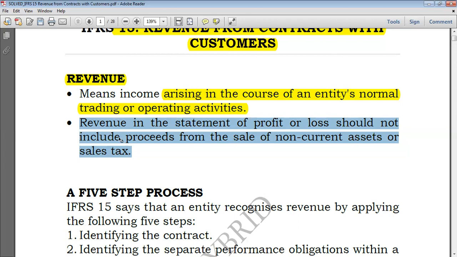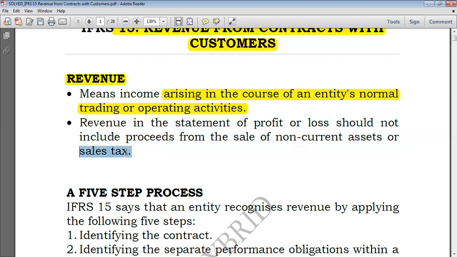But also, I've spoken of sales tax here. Sales tax, in most cases, we refer to it as value-added tax, VAT, that indirect tax. So if you sell goods to a customer, having charged a VAT, you actually have to eliminate that, so as to remain with the only revenue that is exclusive of such sales tax or VAT.